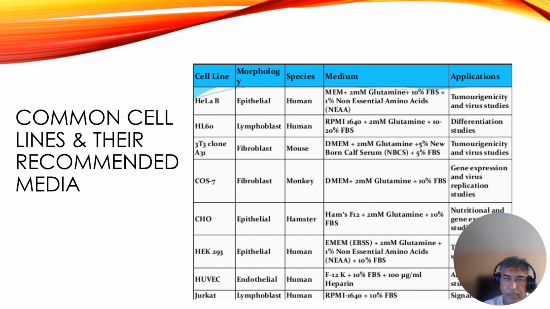It requires Ham's F12 medium with glutamine and FBS, and is used for nutritional and gene expression studies. Also, HEK293 cells are commonly used for transfection of different genetic material. This is also an epithelial cell line from human, and it requires MEM plus glutamine, non-essential amino acids, and 10% FBS.